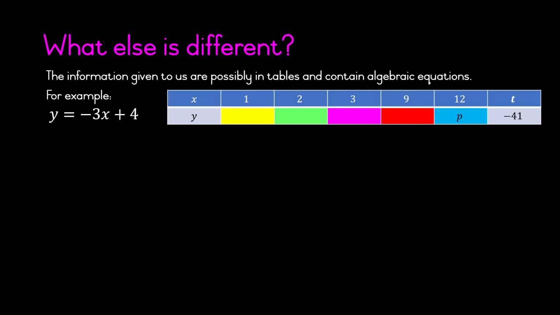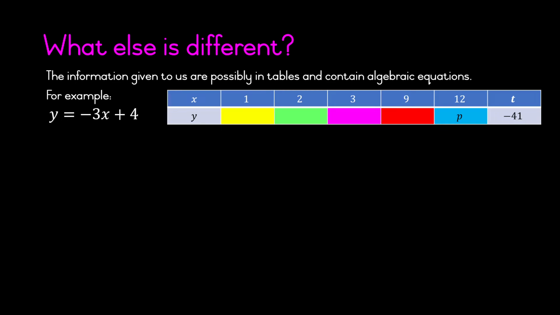We also have a table where x is our input, y is our output, and they've only given us the answer for t, which is negative 41. However, we don't even know what t is. So in each of these cases, we are missing an input or output value. So what do we do? We have to determine these.